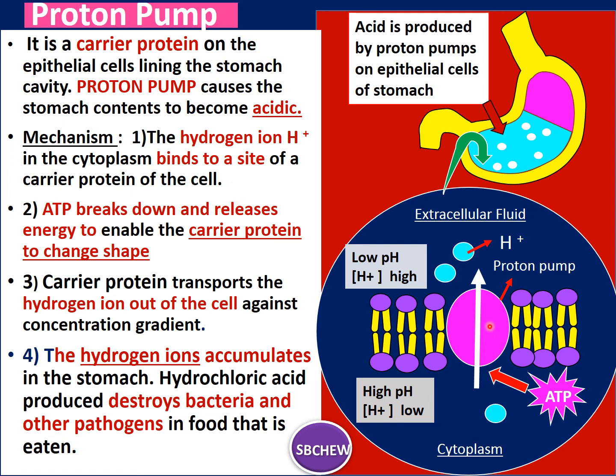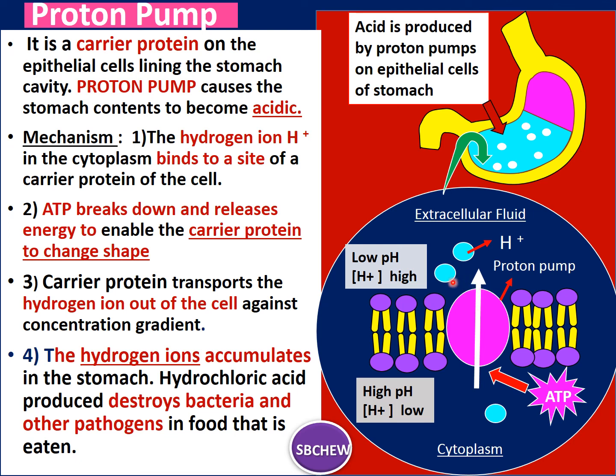So this is the proton pump or the carrier protein. The hydrogen ion will bind to the binding site of this proton pump, and next ATP will break down to release the energy in order for the carrier protein to change shape. So as it changes shape, you will be able to transport the hydrogen ion out of the cell.